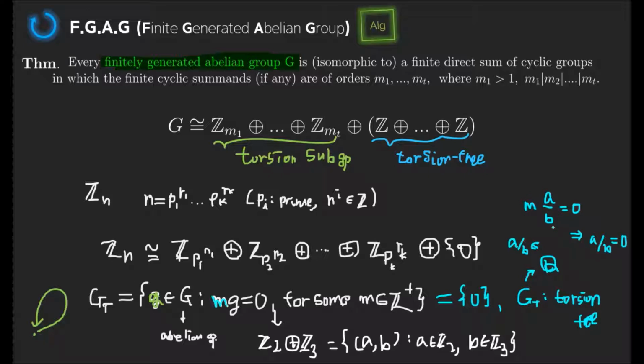For any rational number given, m times can never make 0. Only 0 satisfies this equation. So the rational number is a torsion free group.